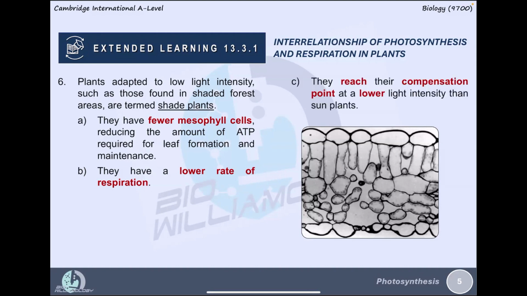Because of this, they reach their compensation point at lower light intensity compared to the sun plant. Why? Lower light intensity, lower respiration rate, so definitely the compensation point will be lower.